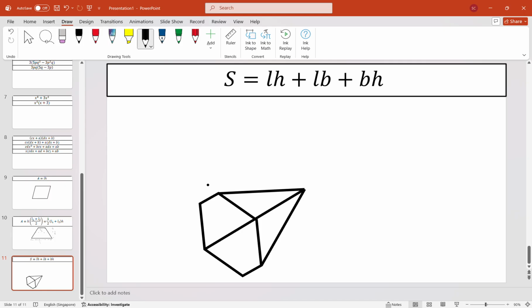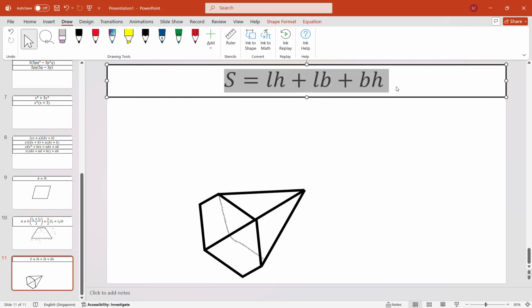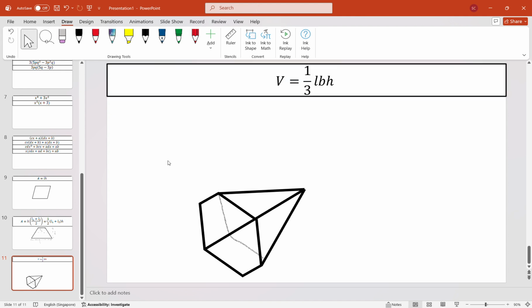First we got a section of this corner right here. I think this one's called a pyramid. Volume equals 1/3 LBH. I will not prove it anymore. I kind of hate this job.